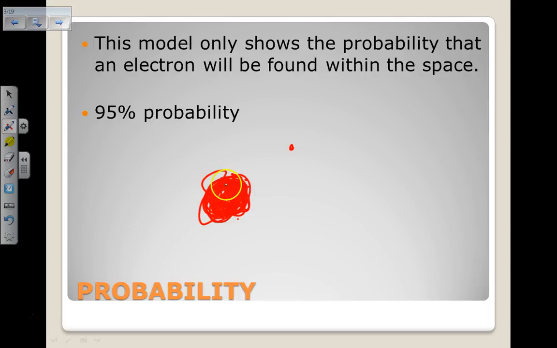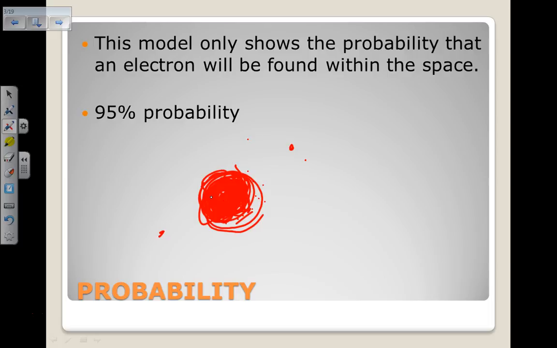Okay, but as the electron is moving around and around, it could zip out here. It could zip out here. It could zip out here. Okay, there's all sorts of things that can happen, but 95% of the time, it's defined by the shape that it is of the shell, subshell, orbital, and the spin.